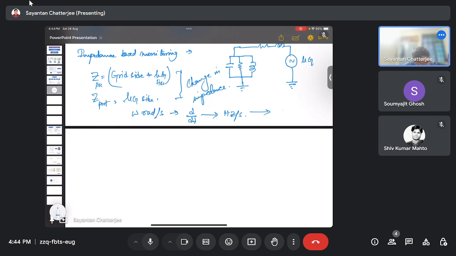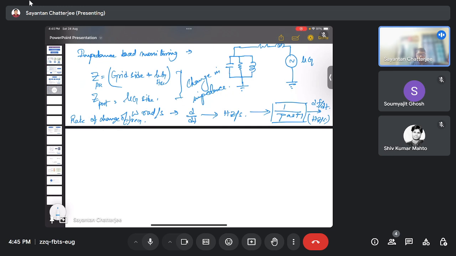That would result in 1 by Ts plus 1, which is the measurement window. Whatever we get after that, in hertz per second, we can check whether it is within the threshold or not. That monitoring is based on the rate of change of frequency, that is, based on df/dt.